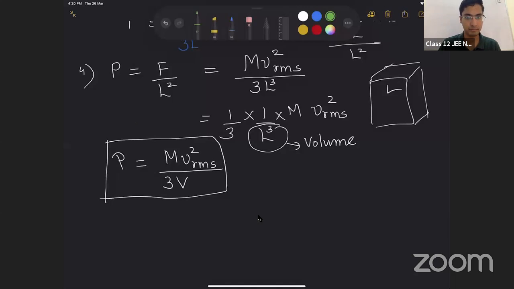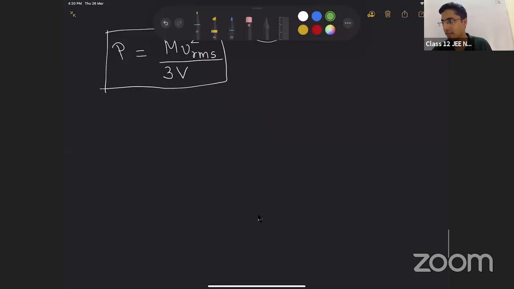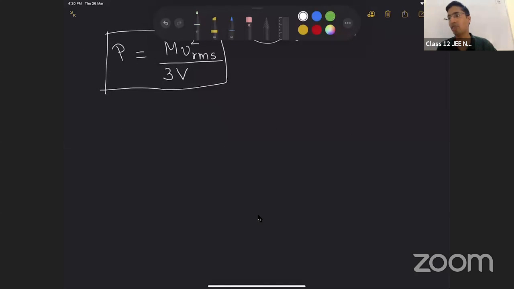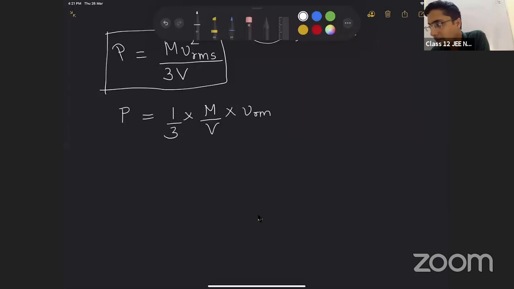All right. So now this is where we started off. Now let me start today's lesson. So this is what we said. P is m Vrms square by 3V. Now, if you rearrange this, it becomes P is 1 by 3 into m by V into Vrms square. Now, what is m by V? Mass upon volume is density.